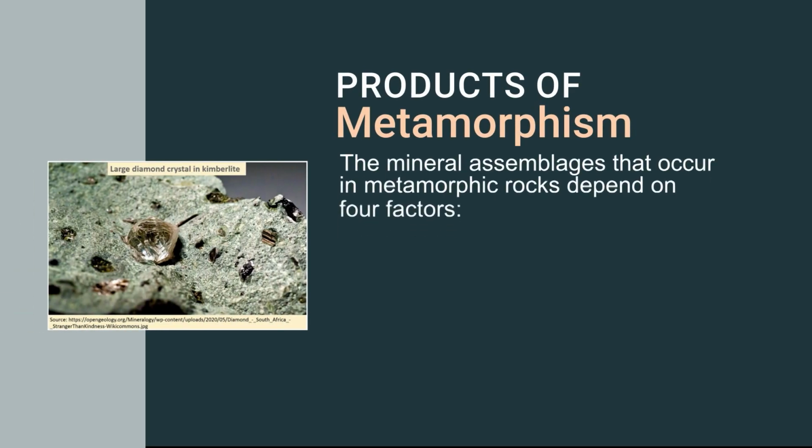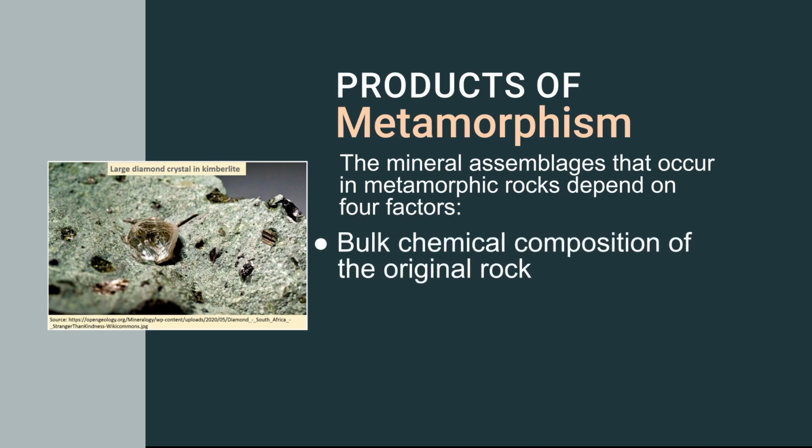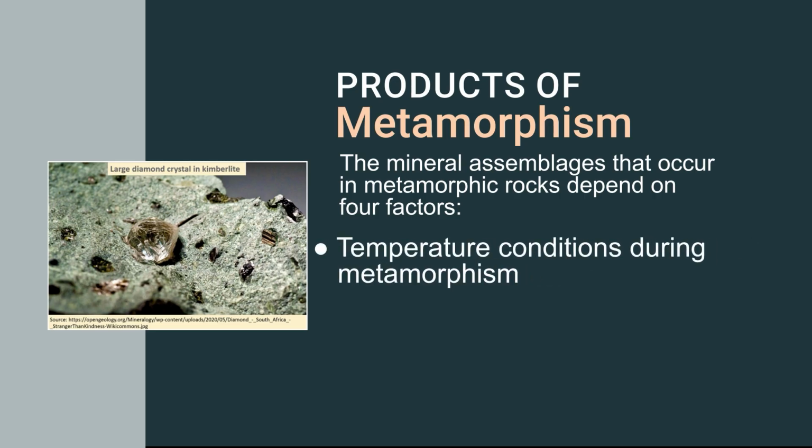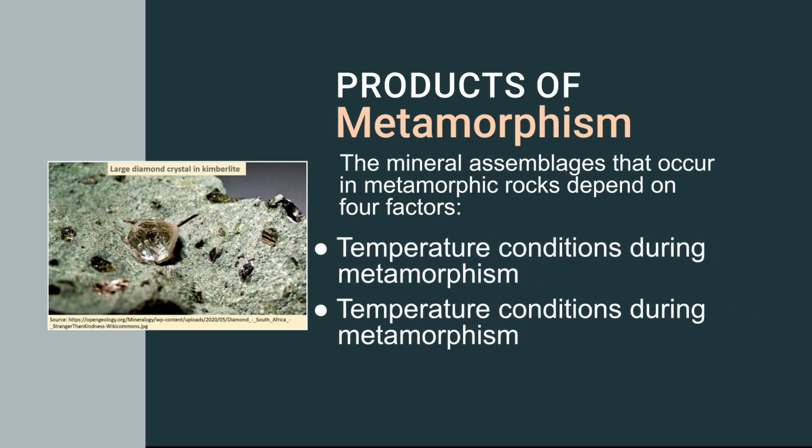Now, the mineral assemblages that occur in a metamorphic rock are essentially controlled by four factors. One, obviously, what is the bulk composition of the original rock? Second, what are the pressure conditions during metamorphism? Third, temperature conditions during metamorphism. And fourth is the composition of the fluid phase during metamorphism.